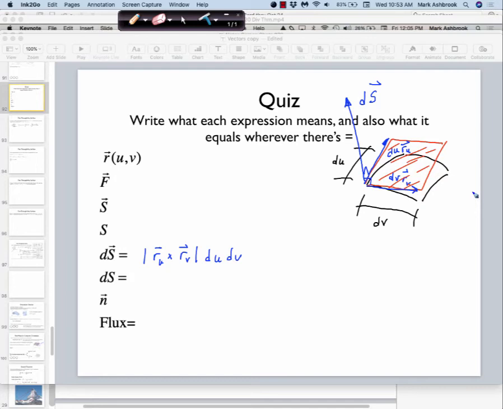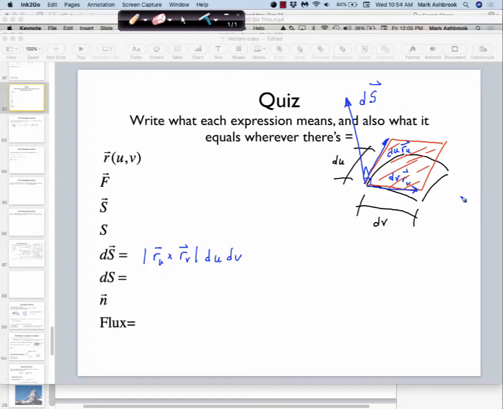So this dS vector, its magnitude is what? The easiest question: area. The magnitude of an area vector is area. This is just a tiny one, a little element that's trying to replicate a little curved patch in our surface.